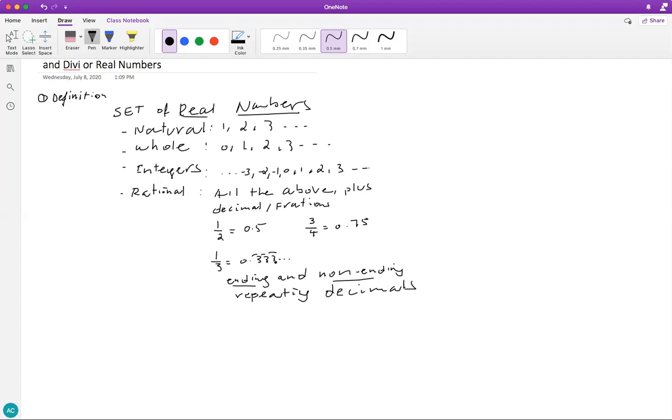So this is a non-ending repeating decimal that makes it rational. These ending ones are also rational.